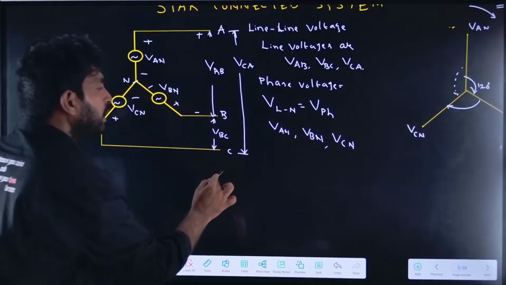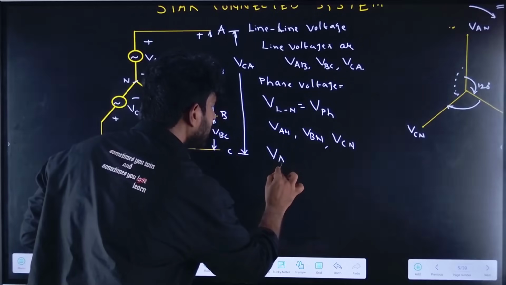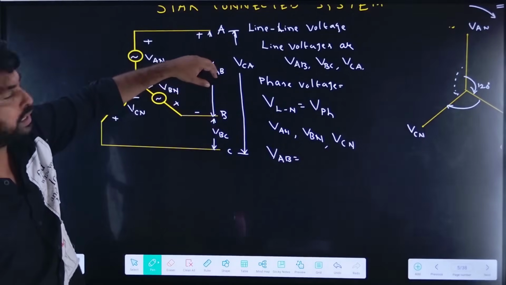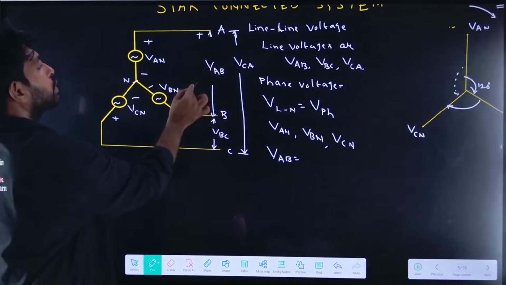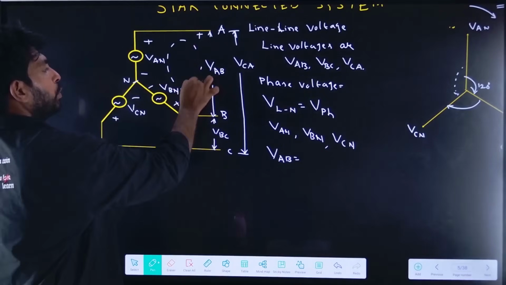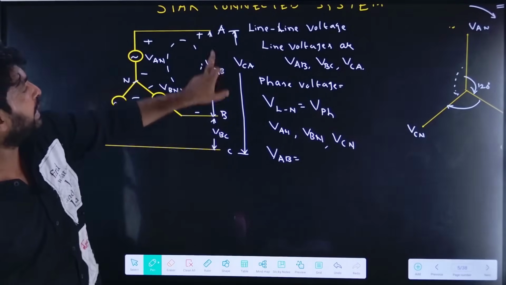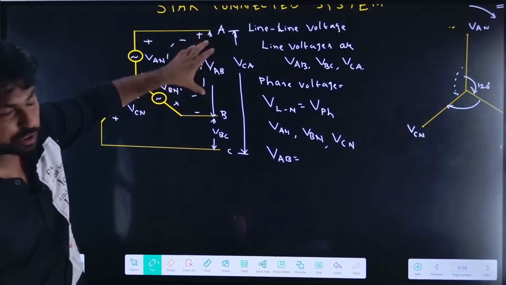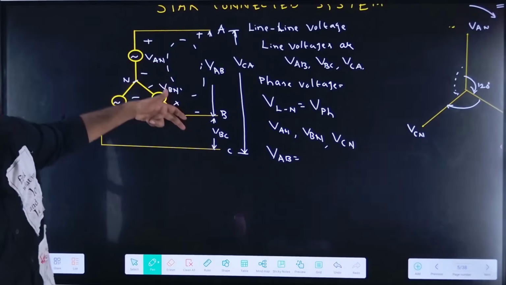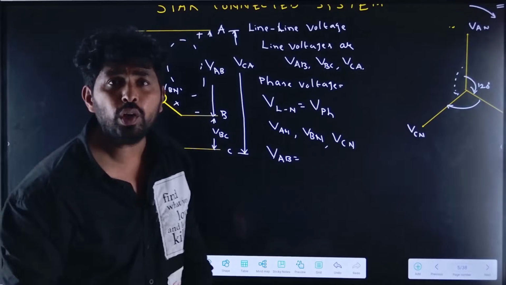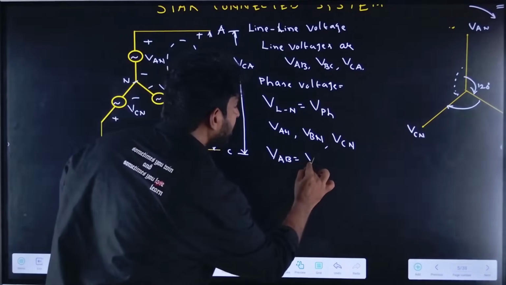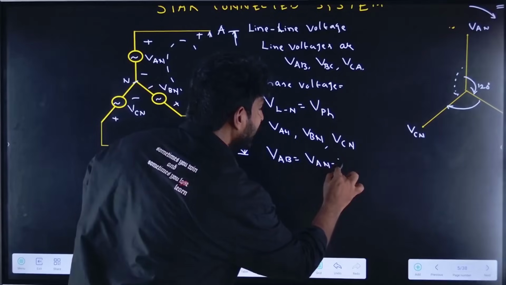If I apply KVL in this loop, minus VAB plus VAN minus VBN equals 0. So VAB equals VAN minus VBN.